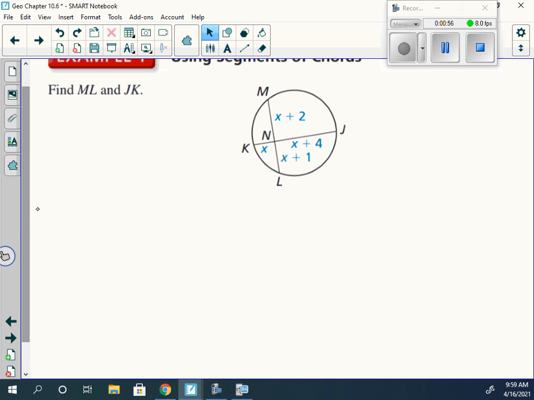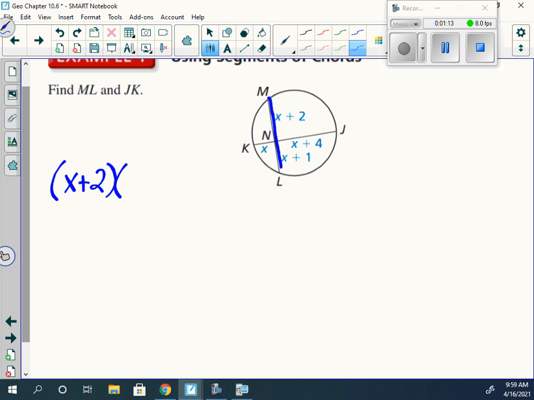So when we look at this here, it does look a little bit harder than what it actually is going to be. We're going to multiply the segments together. So for our chord ML, one of its segments is x plus 2. The other part of the segment is x plus 1.